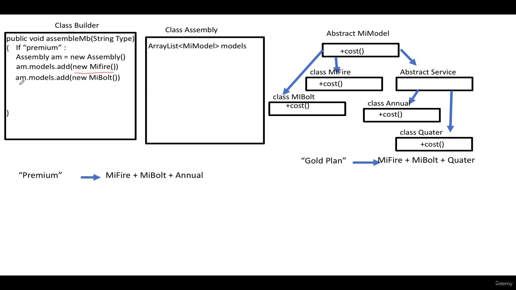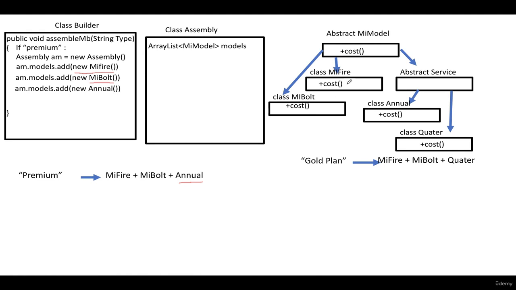Then we add am.models.add and create an instance of MIBolt and add that into this array list. And similarly the third plan, that is annual servicing. So we create an instance of this annual class also and then add that into this array list.